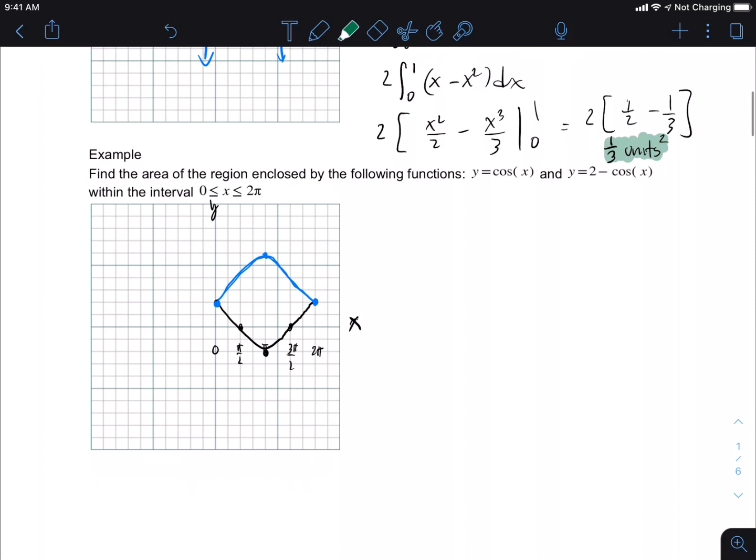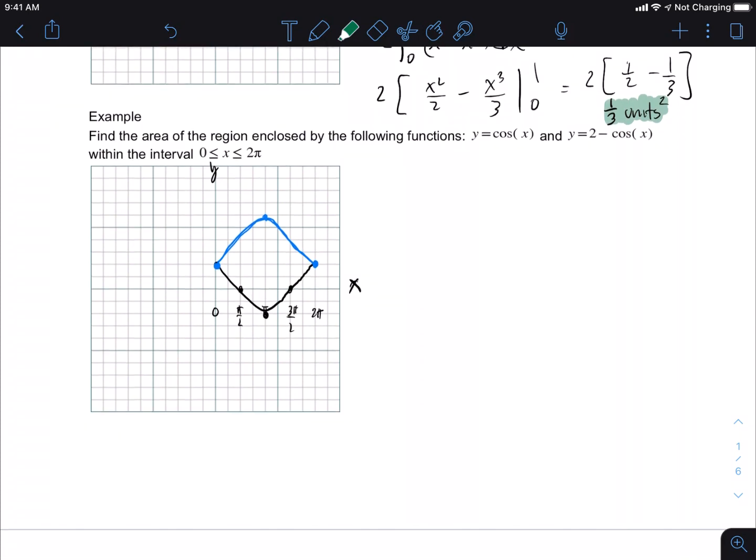All right. So let's go to the next one. And again, I graphed it for you already to save us some time. Where is the area that's going to be shaded?